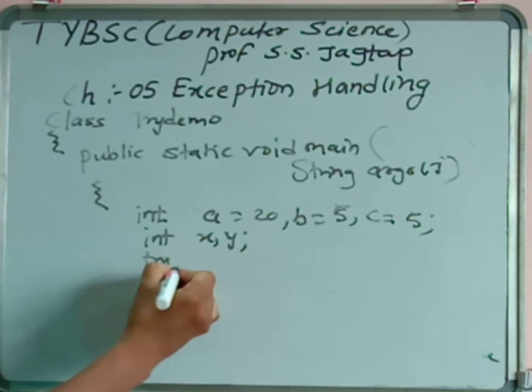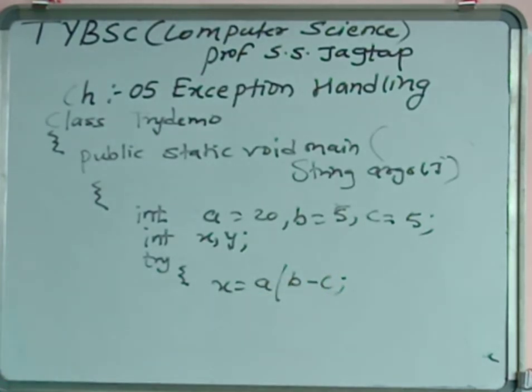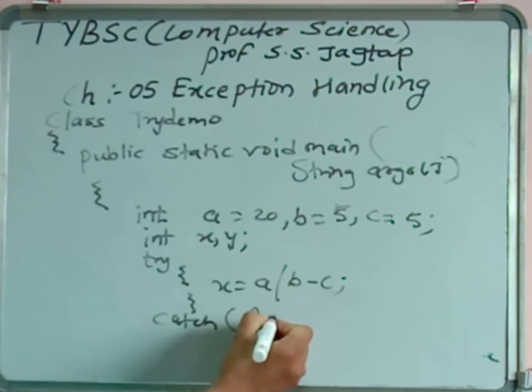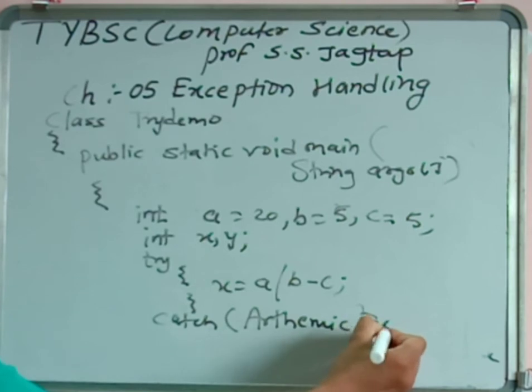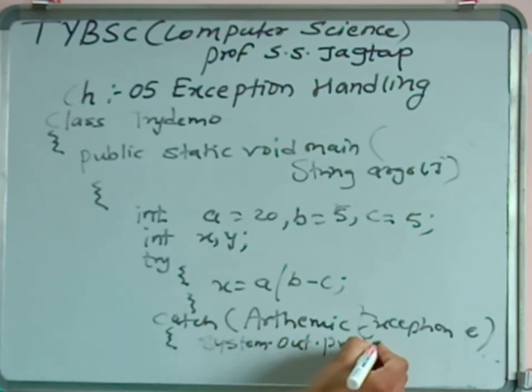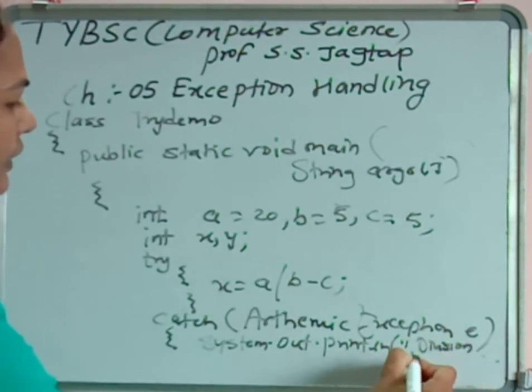Now in the try block, X is equal to A divided by B minus C. If there is no error, then it will proceed normally. If an error occurs, it goes to the catch block, which catches ArithmeticException, which is already provided by exception handling, with object E. In that, the code will be System.out.println, and I will put "division by 0".